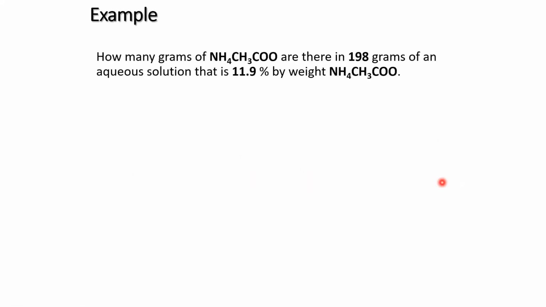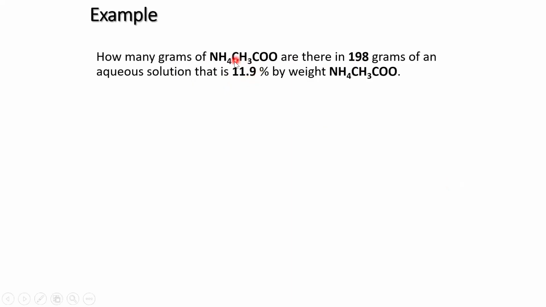So let's say we want to find out how many grams of this ammonium acetate are in 198 grams of solution if it's 11.9% by weight or by mass.